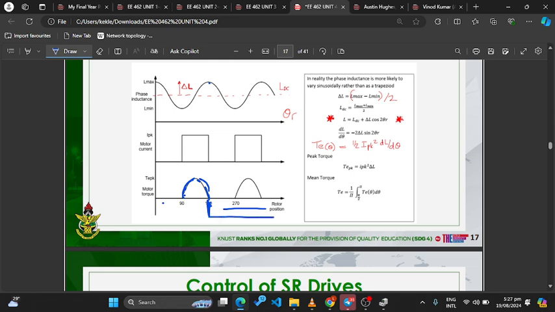When you are finding the average, you find the area and you divide by the period. Yeah, I get it now. Okay, so your question is answered. Yes, thank you. You're welcome.